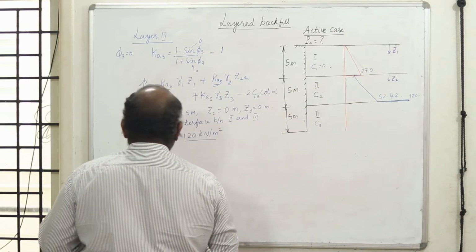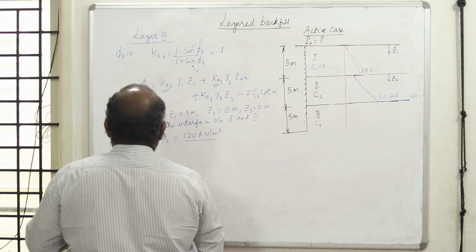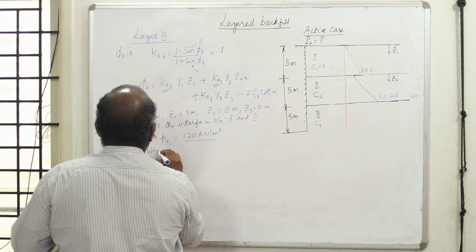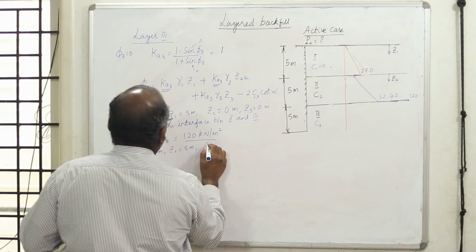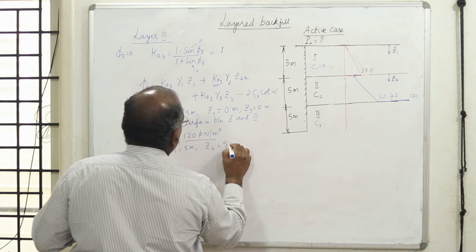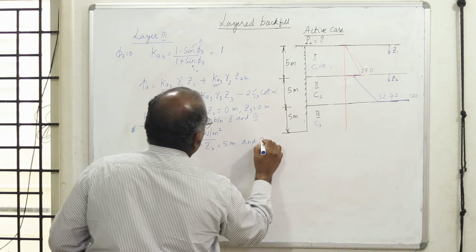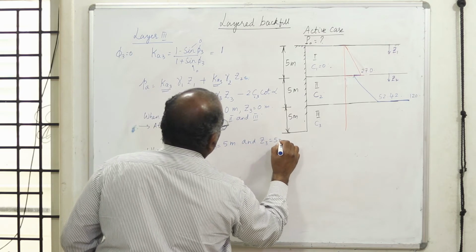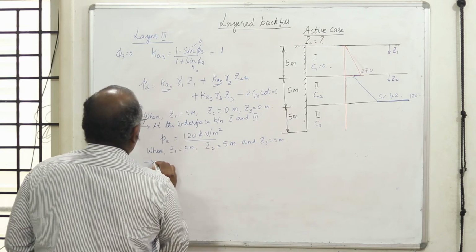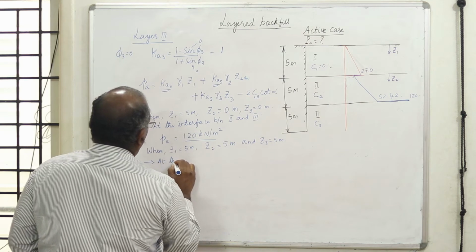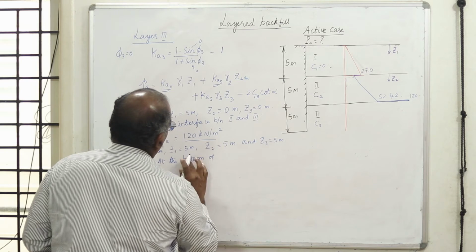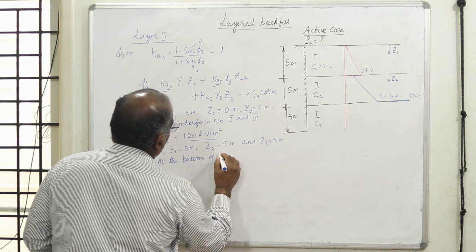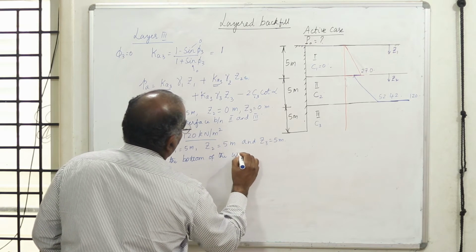Next, when Z1 is equal to 5 meters, Z2 is equal to 5 meters, and Z3 is also equal to 5 meters, this is at the bottom of the wall.